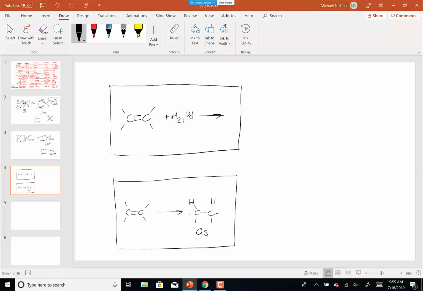So that's the table. Any questions on the alkynes?